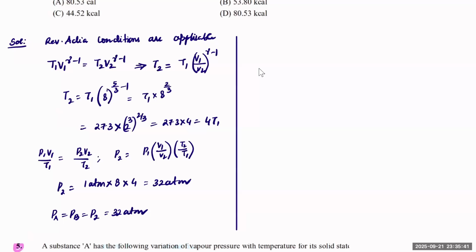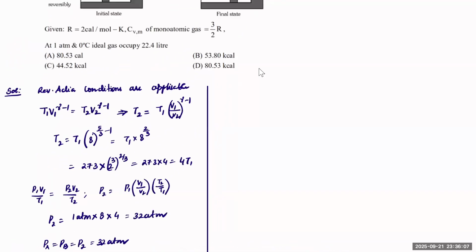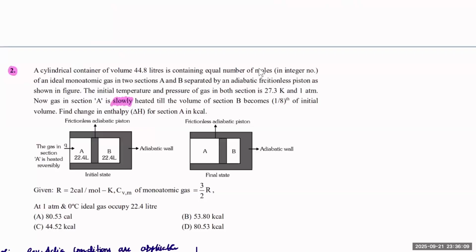Now, once you know the pressure here, this is the pressure in section A. Now what will be the temperature in section A? Let's see. Temperature in A. Is there any volume that has been raised?